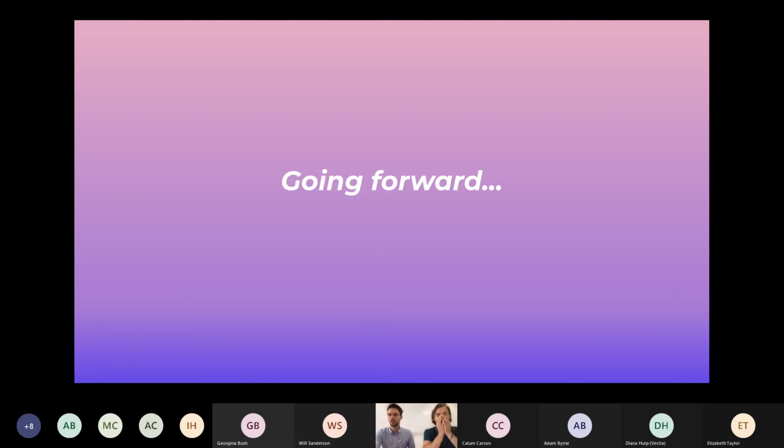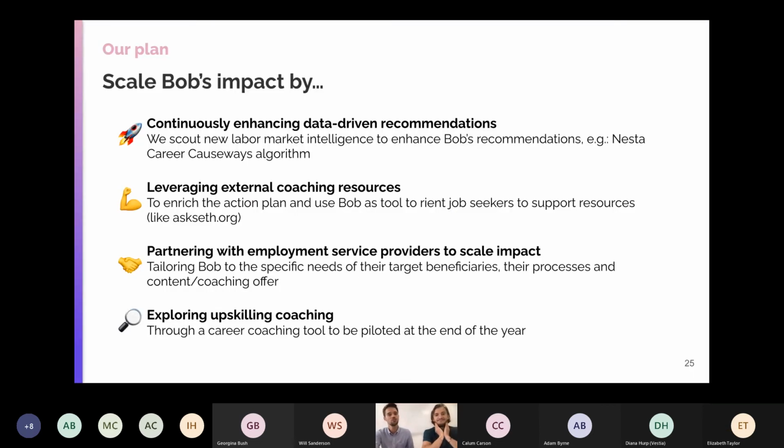Going forward, there are several things that we'll continue doing. First, Bob, and that has been the case in France and Belgium, is a continuously evolving technology because we scout new labor market intelligence to enhance the data-driven recommendations that Bob makes.